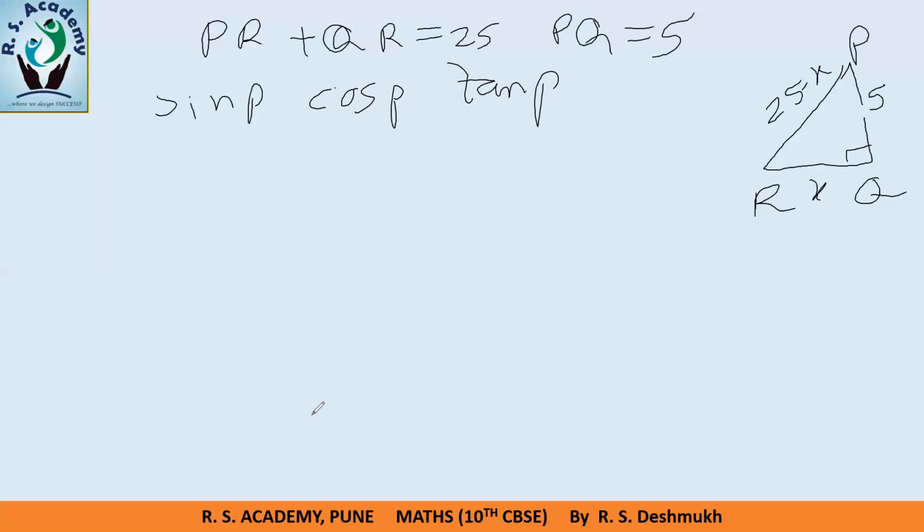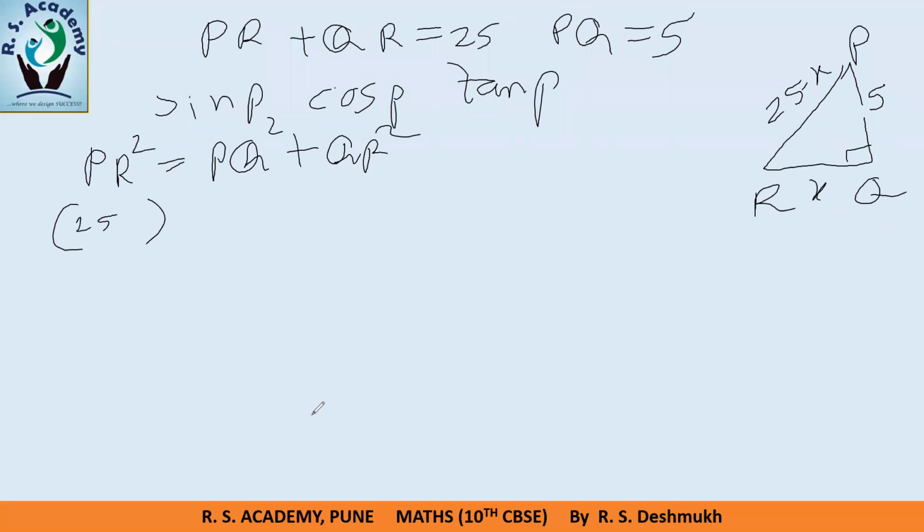Now the first thing in this case, whenever we write the sides, we know that in a right angle triangle, according to Pythagoras theorem, PR square is equal to PQ square plus QR square. What does it indicate?